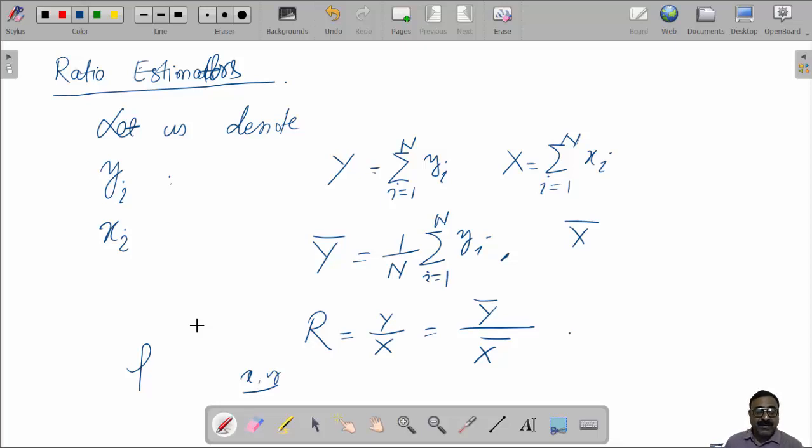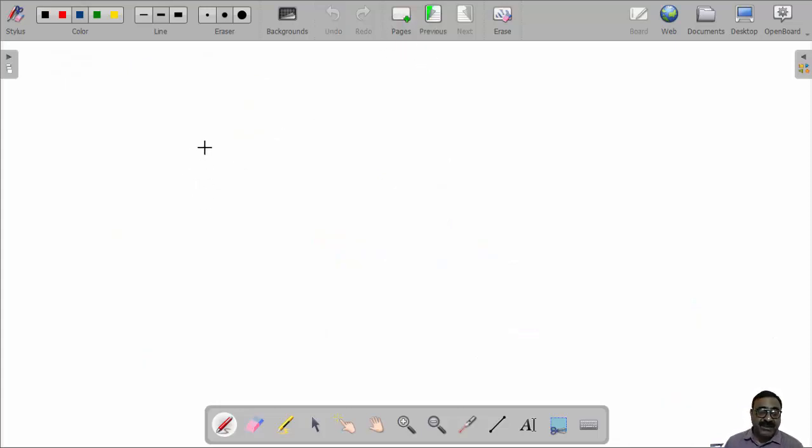Now, in order to estimate Y, that is the population total, population mean or population ratio, we select a sample of size small n from the population. Let us use the simple random sampling without replacement scheme for selecting the sample. Suppose y bar and x bar denote the sample means of the study variable and the auxiliary variable respectively.